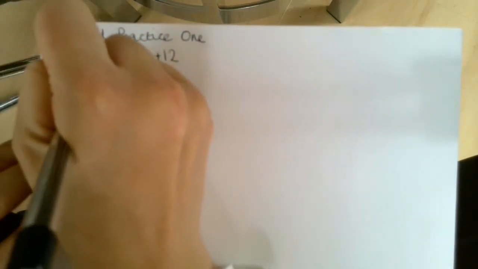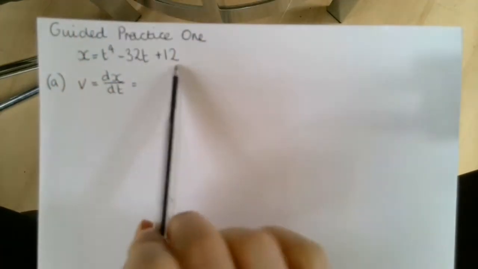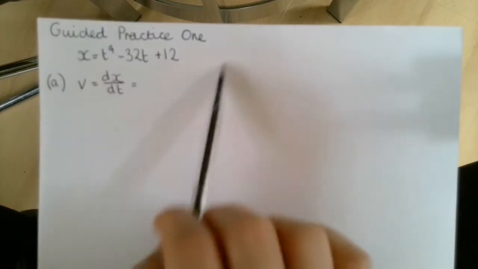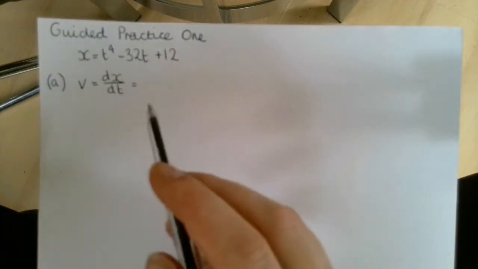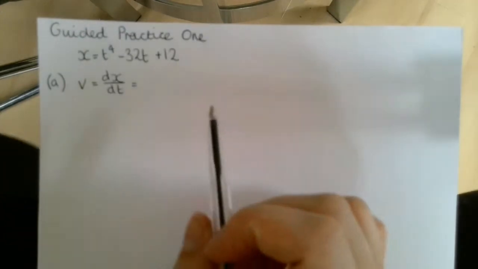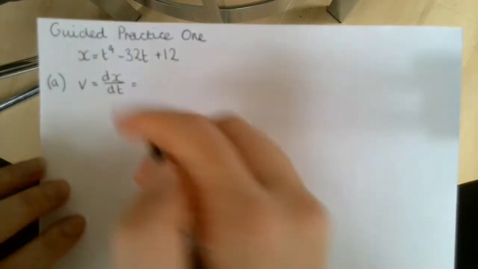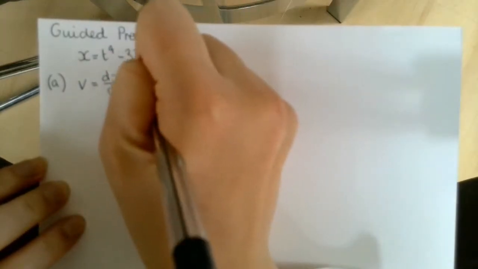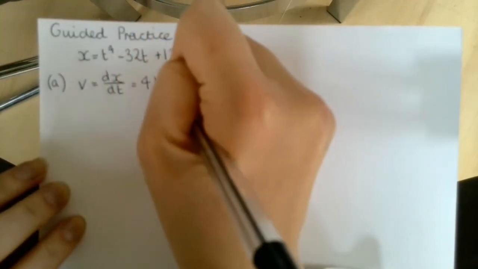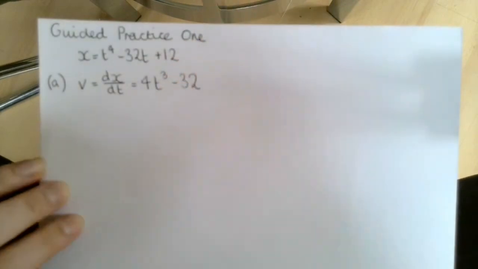So the velocity, that is equal to dx by dt. So we're going to differentiate our displacement function in terms of t, and then we're going to substitute in t equals 3. So differentiating this function here, we've got 4t cubed subtract 32.